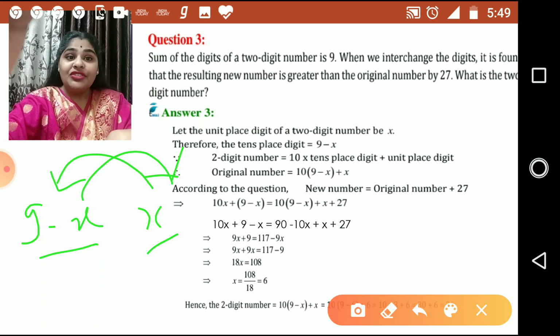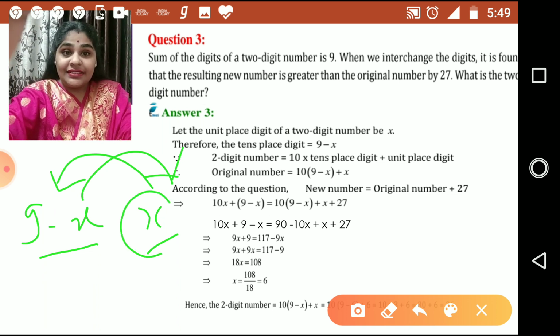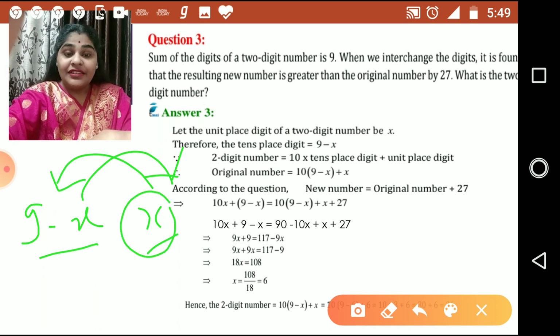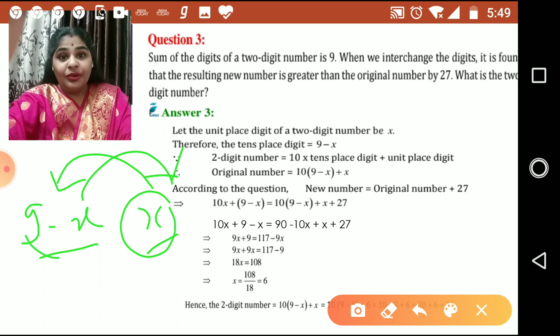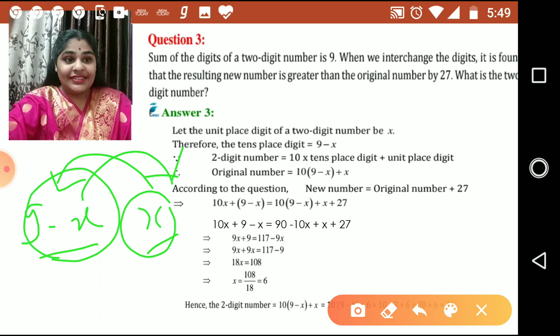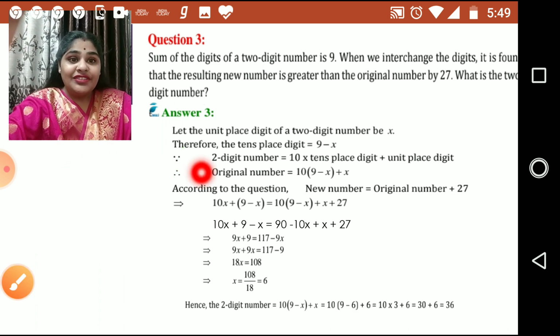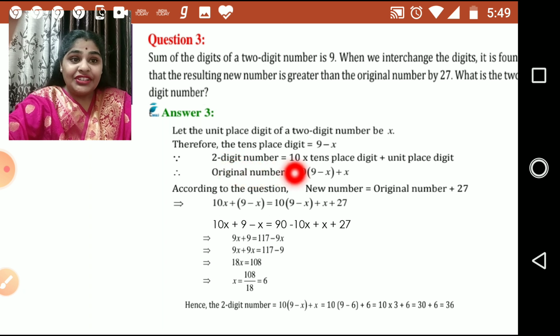So what will it come to, children? It will be 10 into x plus 1 into 9 minus x when we interchange the digits, right? I hope you understood this. So the 2-digit number is 10 into tens place digit plus units place digit.